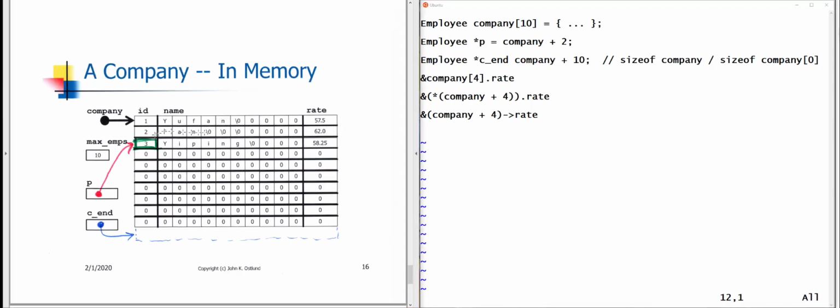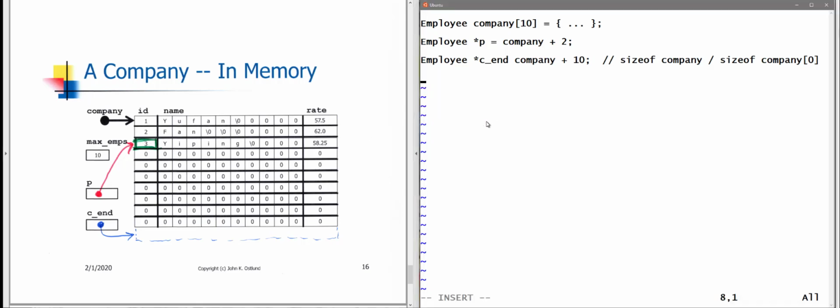Next up, let's talk about the ID field here. Okay, well, let's see. So that's company sub 2 dot ID, easy enough, or P arrow ID, right? Since P is pointing directly at that element, P arrow ID is correct.